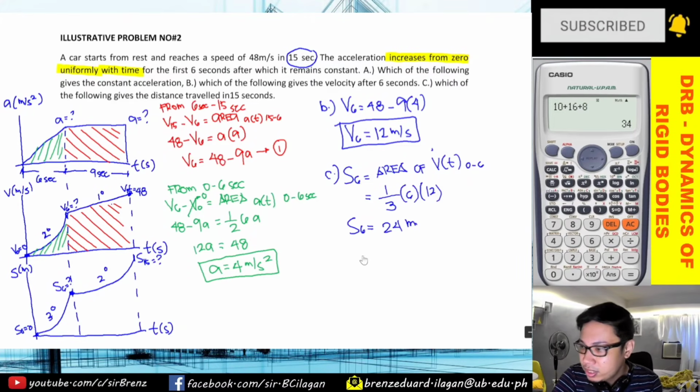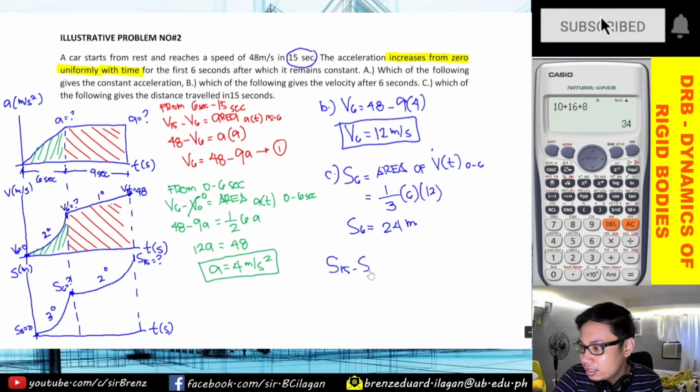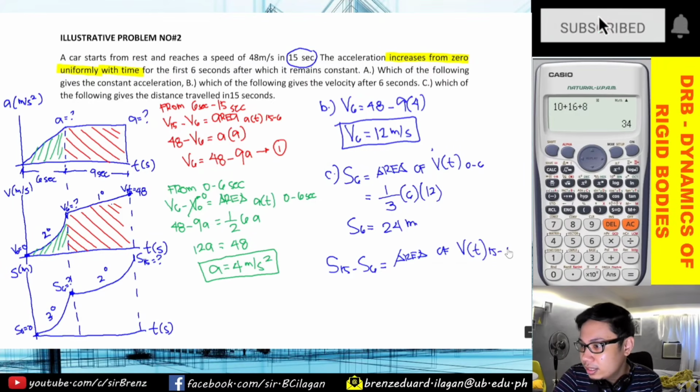So hindi pa tayo tapos. Again, ang hinahanap is yung para sa 15 seconds. So para makuha yun, S15 minus S6 is just equals this area of the VT diagram from 6 up to 15 seconds.